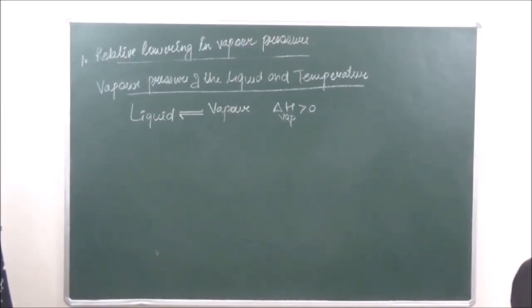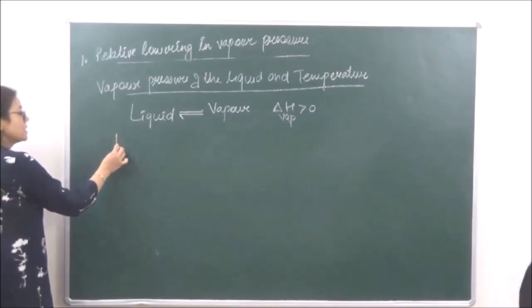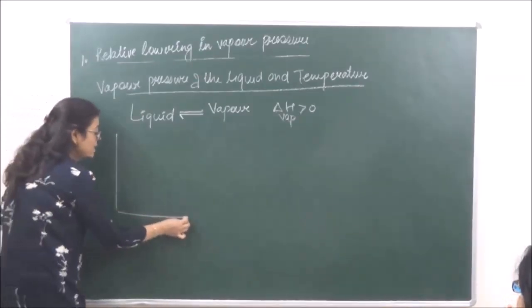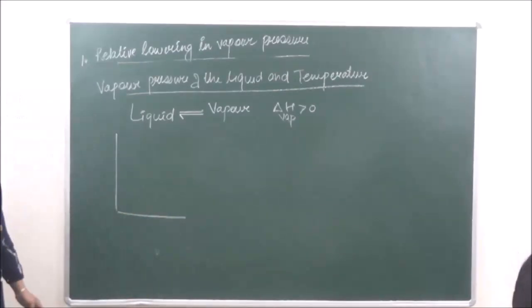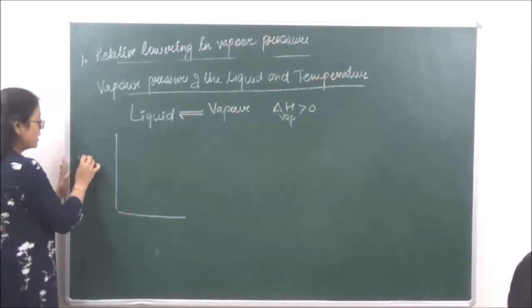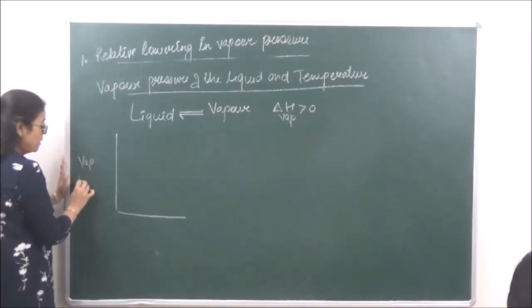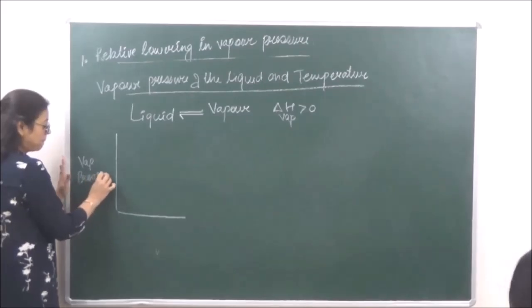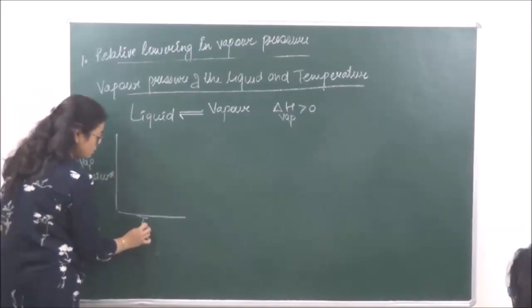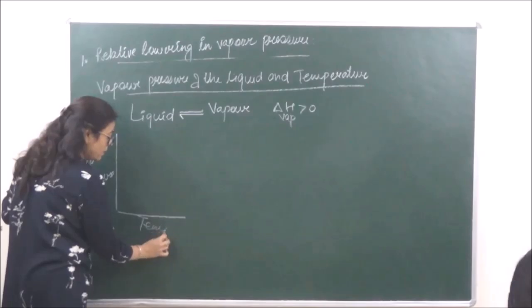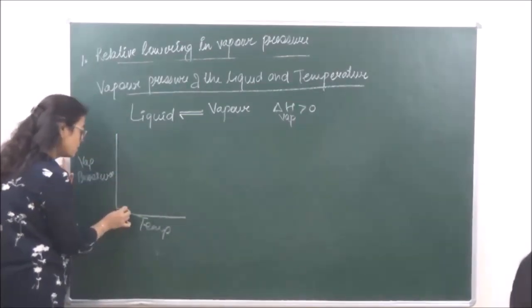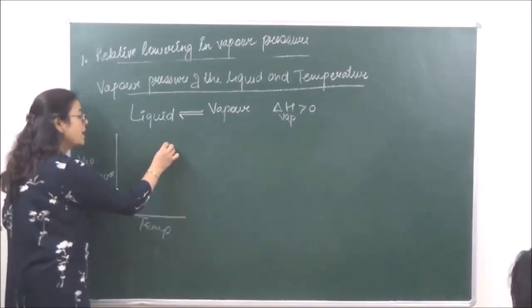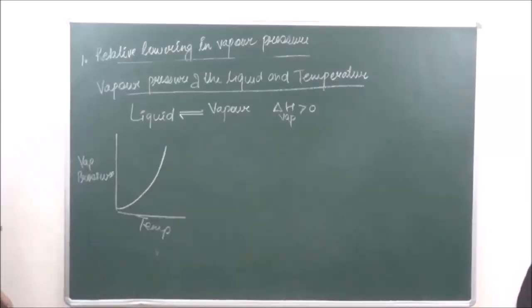So we say that vapor pressure increases with increase in temperature, and if we draw a graph of vapor pressure with temperature, the graph comes like this.